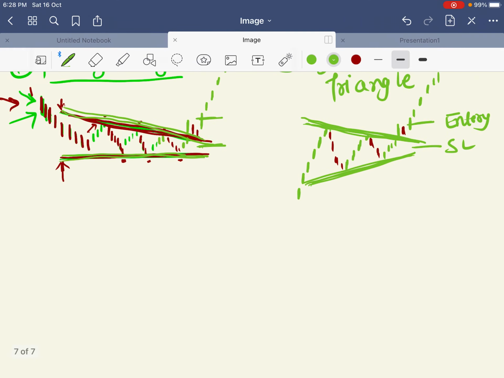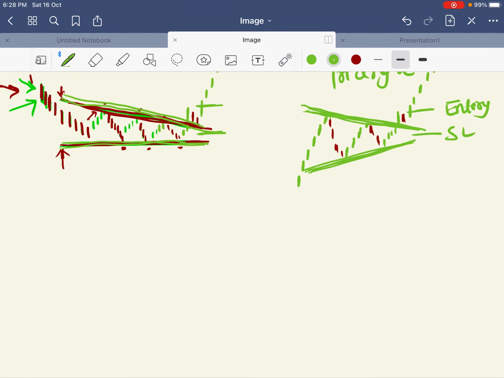Next we will move to another bullish pattern, which is the bullish rectangle. As the name suggests, it is very simple to draw.